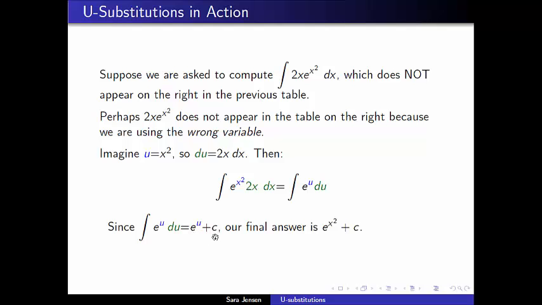At this point, the problem is entirely complete except for the fact that u was entirely a variable of our imagination and creation. The initial problem that we were given knew nothing of the variable u. And therefore, as a kindness to the person who asked us to compute this problem, we should translate back from the variable of our imagination to the variable that we were given.